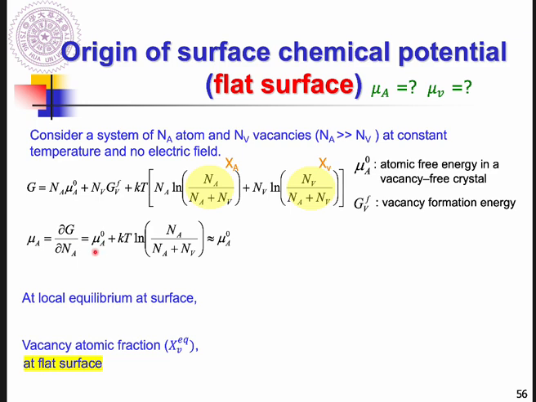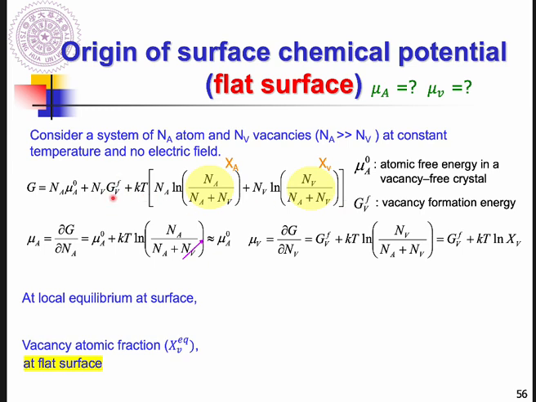Mu A equals mu A0 plus kT ln X_A. But as we know, the number of vacancies is much smaller than the number of atoms, so we can delete this term. So we get mu A equals mu A0, under this situation, due to N_A being much larger than N_V. But how about N_V? Probably you will write the same thing: mu V equals the partial derivative of this term with respect to N_V, right?